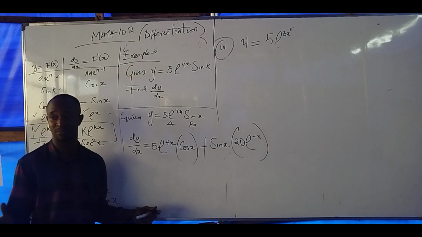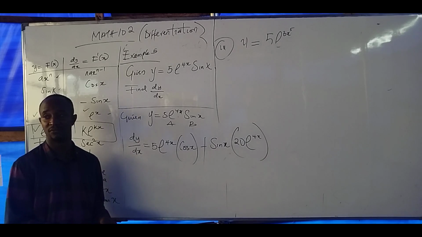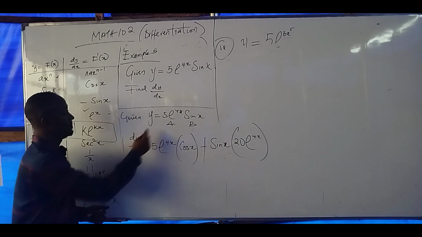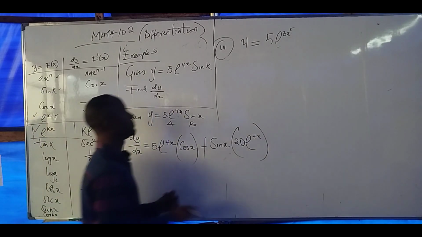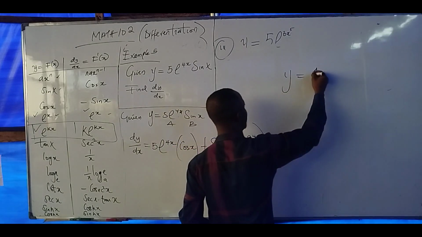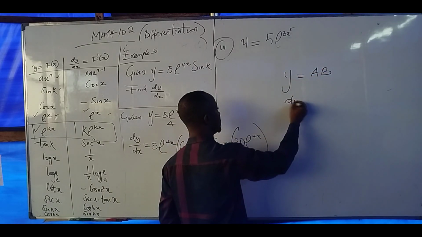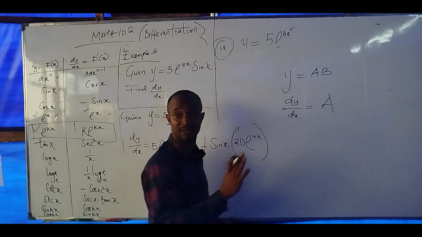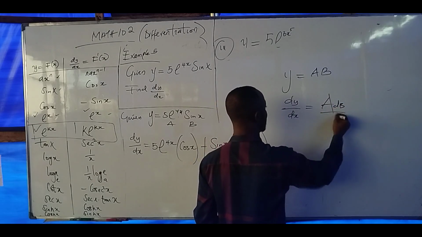Let me explain. From here, keep this constant. This is your A. From your product rule, y equals AB. This means dy/dx equals: we keep A constant, we don't differentiate A, differentiate B, that is dB/dx.